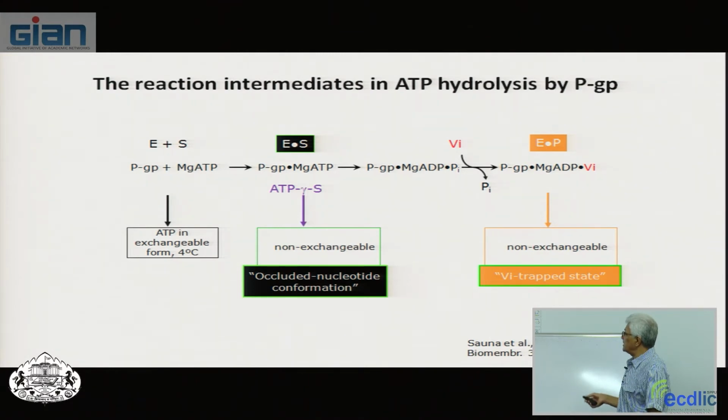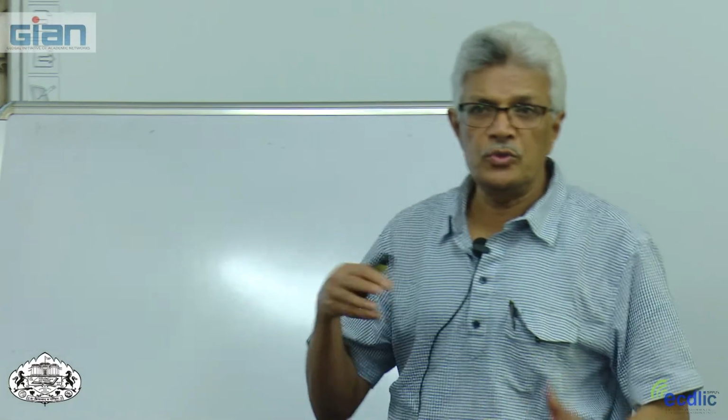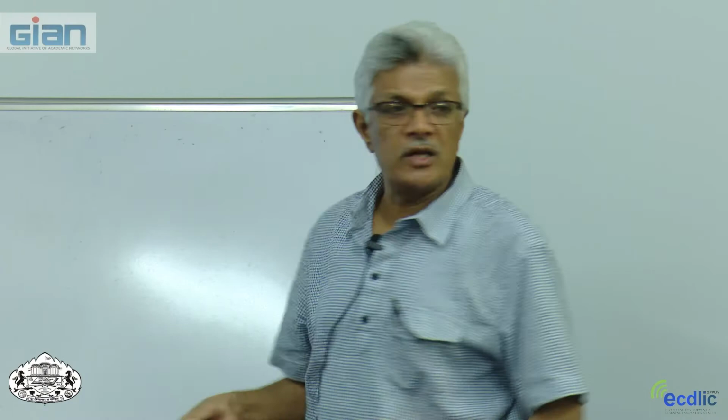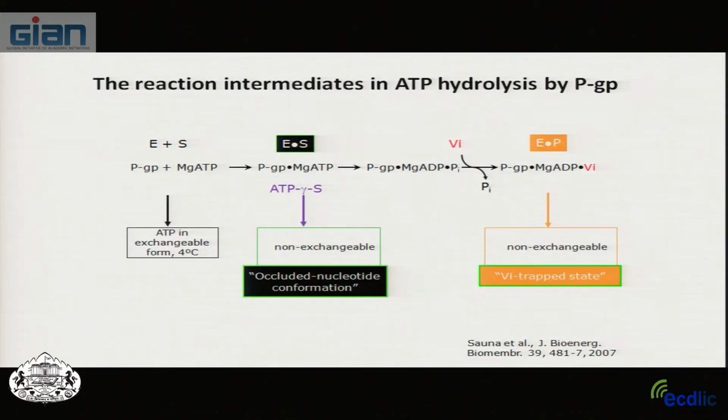So the rate limiting step in this whole cycle is the release of ADP. If the ADP doesn't get released, then P-gp doesn't go through this cycle. So most of the substrates you will see have an effect on the ADP release step. Those which stimulate ATP hydrolysis release the ADP faster. That's how you increase the velocity of your reaction.